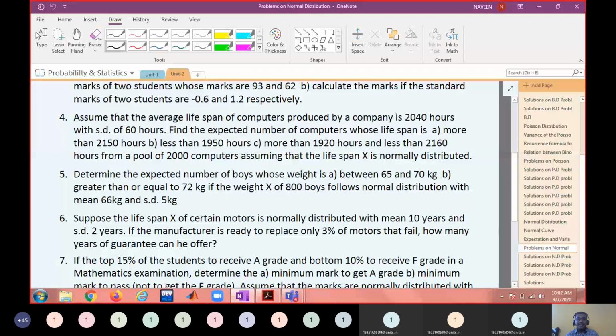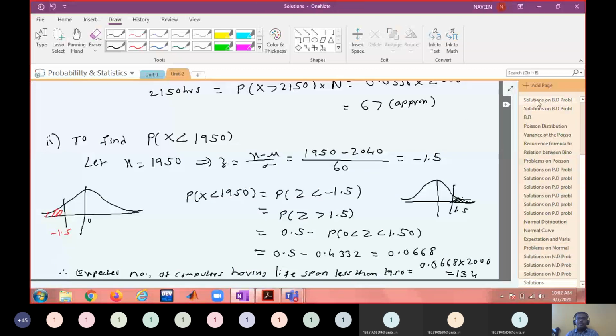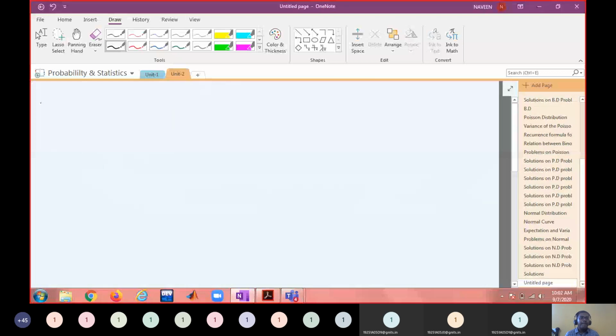More than 1920 and less than 2160. So 1920 is less than x less than 2160.